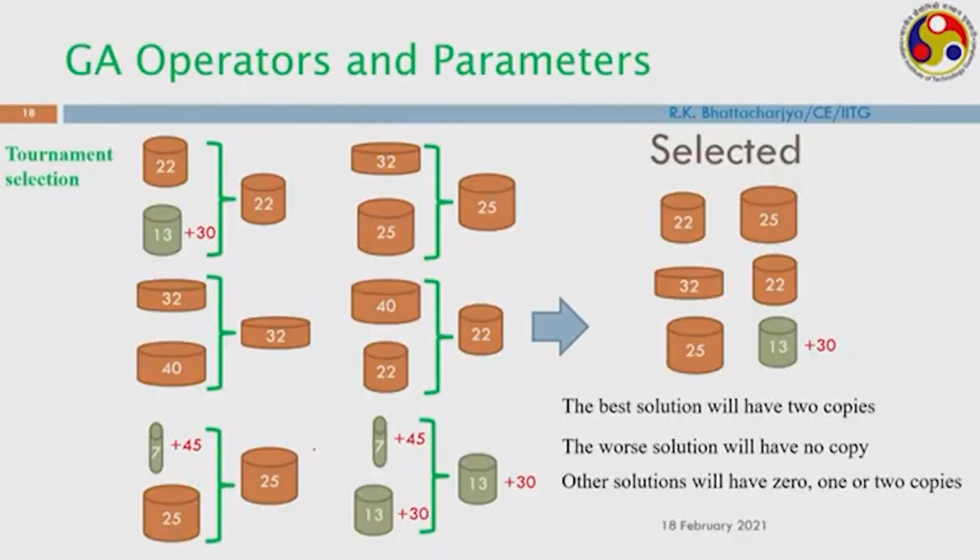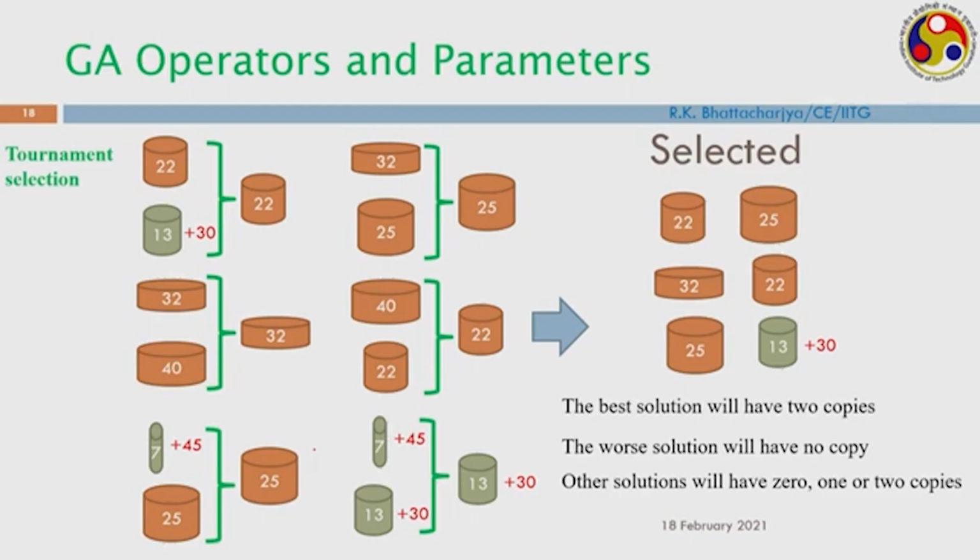As I said, in this method I can generate multiple copies of the better individual. Here I played the tournament 2 rounds, and in every tournament the size is 2: two individuals are selected randomly, there is a tournament between them, and one of them wins and goes to the next generation. As we have 6 solutions and the tournament size is 2, I have to play the tournament twice to get 6 solutions.